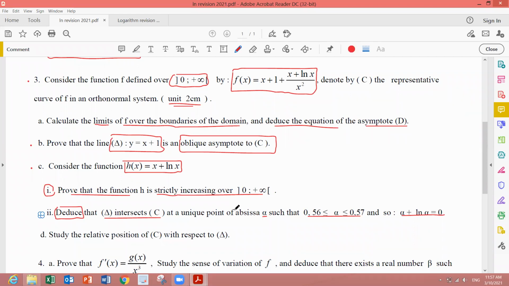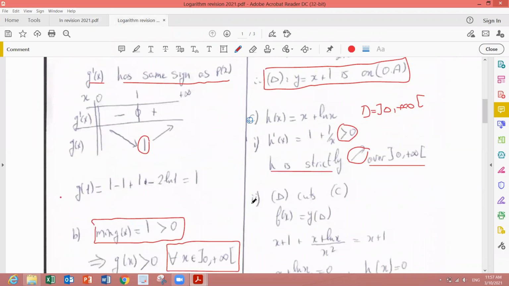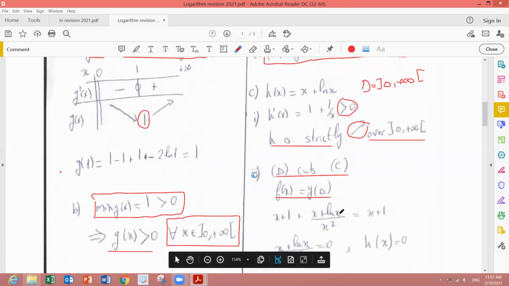How to find the intersection between the curve and the line? Y equals y. So here, part 2, delta cuts C means f(x) equals y delta. f(x) is x plus 1 plus (x plus ln x) over x squared.